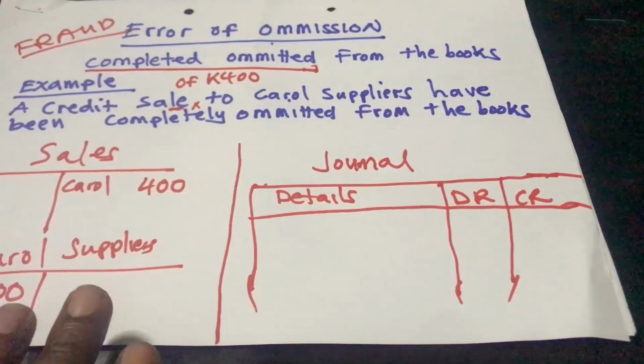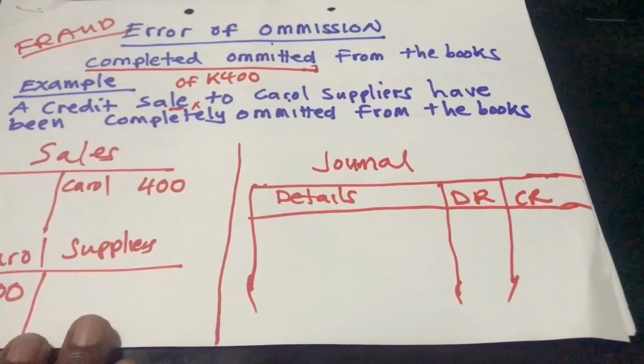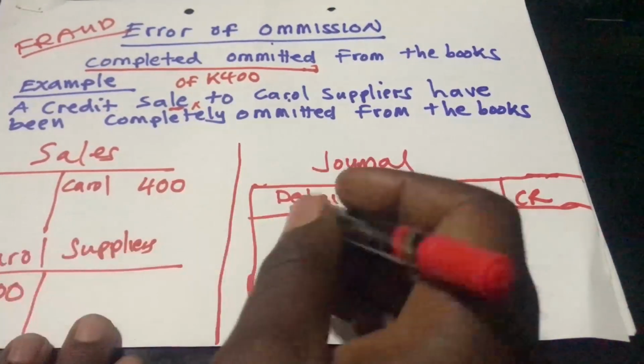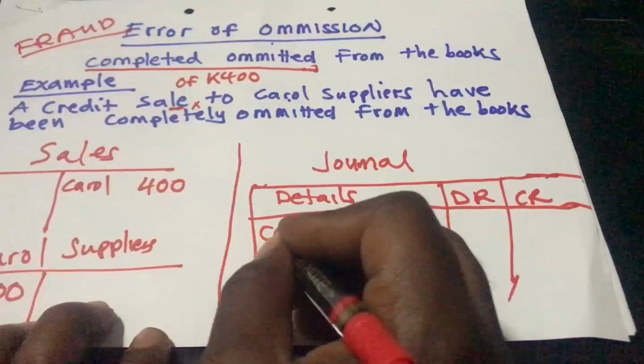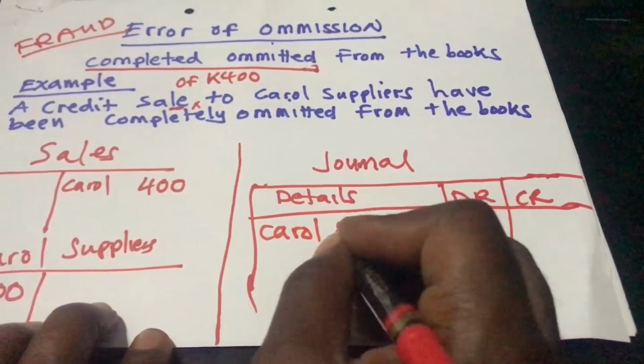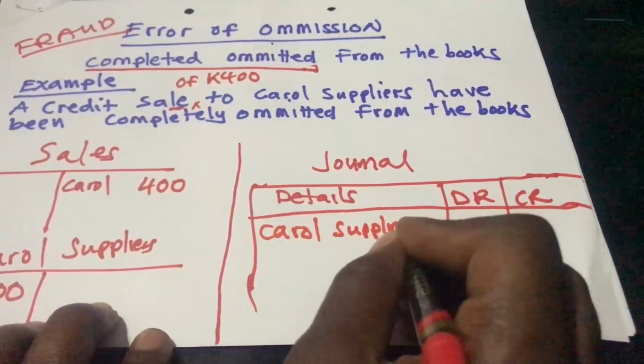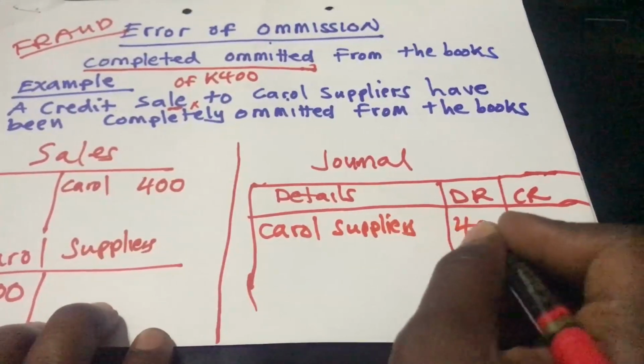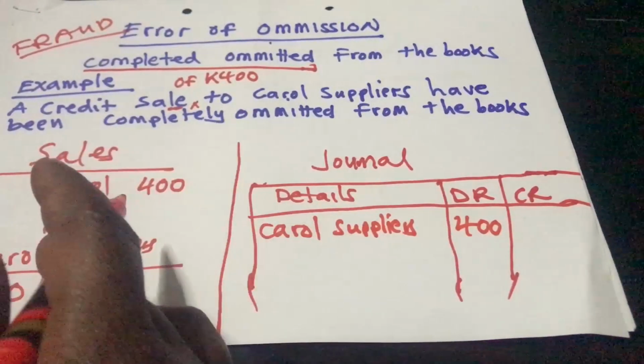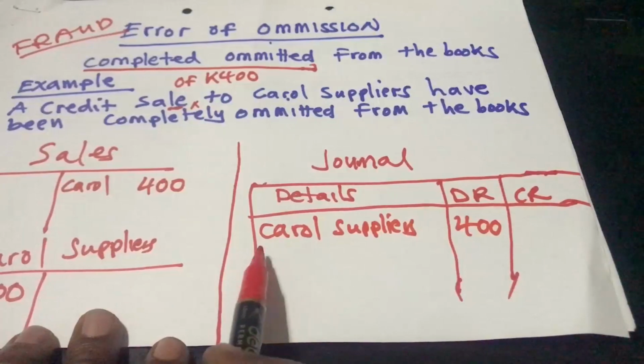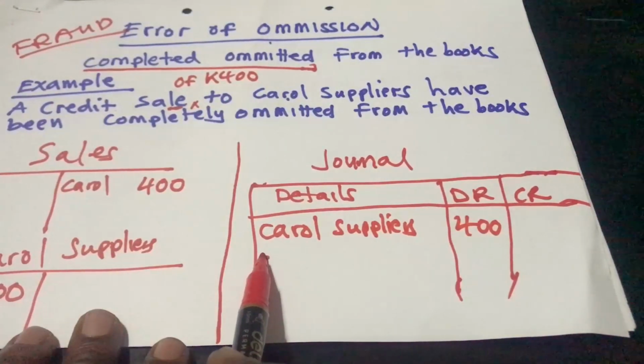So now what you do is you begin with the debit transaction. So the debit transaction is Caro, isn't it? So you're going to say Caro suppliers 400. Then now you write the credit transaction, which is sales. So you don't write just at the beginning of the column here.